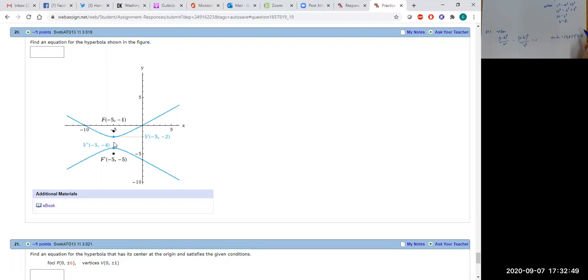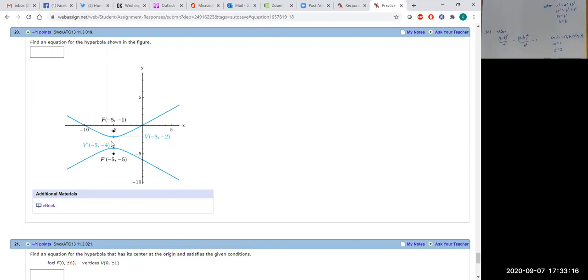And I also know the distance A, because A is from the center to the vertice. So A is 1. Now I also need to know B. I don't know B, but in this case, once again, since they gave us the foci, I know C. C is the distance from the center to the foci, and it's going to be 2.